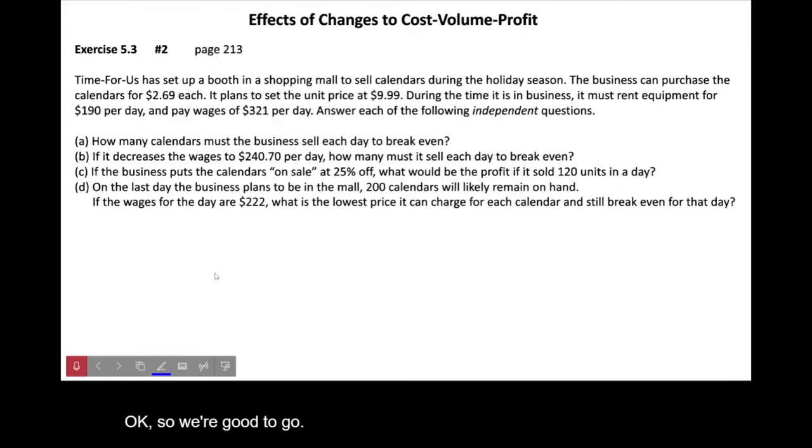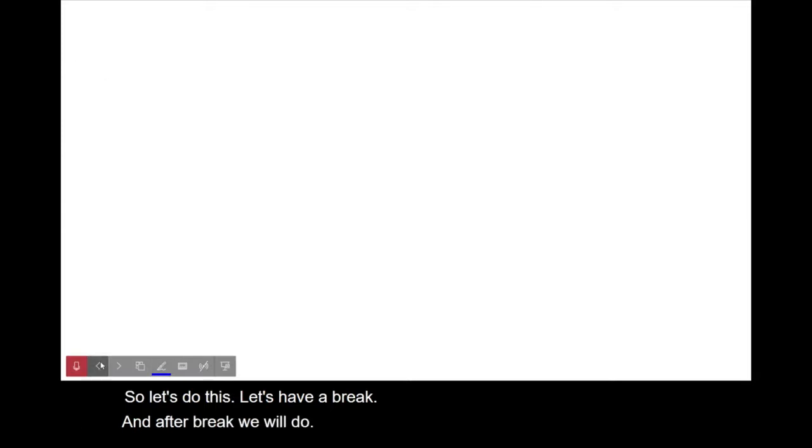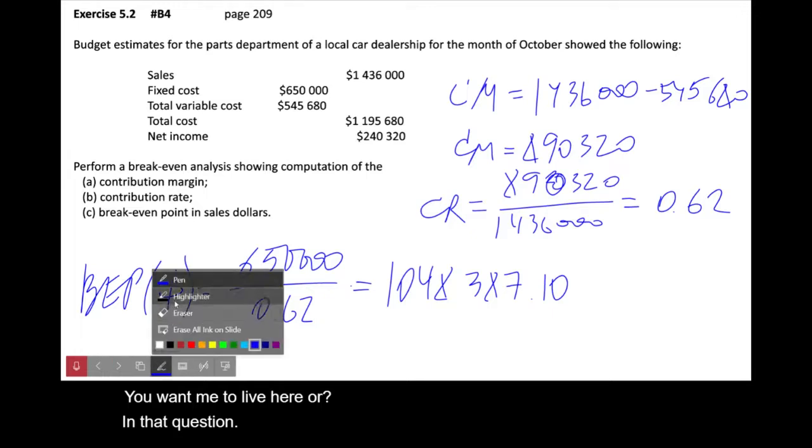Now, effects of changes. So let's do this. Let's have a break. And after the break, we will do it. You want me to leave it here or in that question? Here, okay.